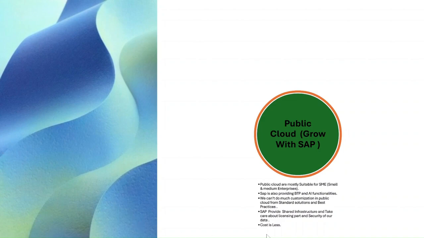So that's the reason cost is less if you compare public cloud with private cloud or on premises. On premises is much more expensive than both private and public cloud, but public cloud is less costly even compared to a private cloud. And you may have heard about Grow with SAP. Grow with SAP is used for public cloud in SAP S4 HANA. I guess that's clear to you.